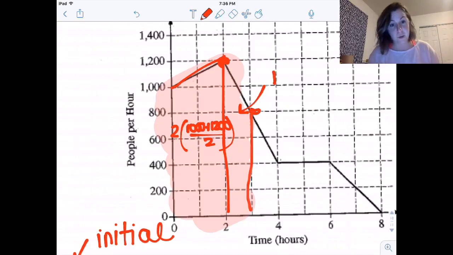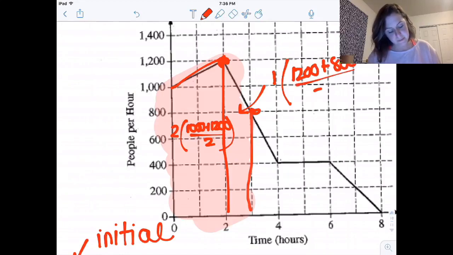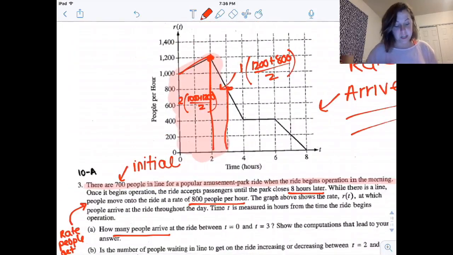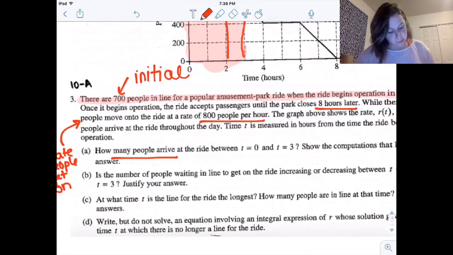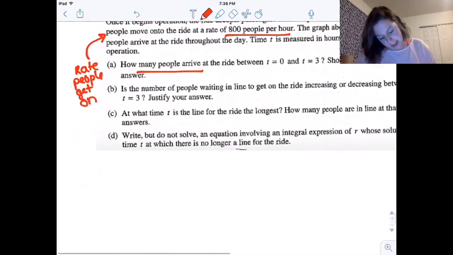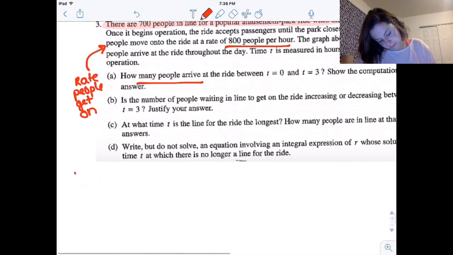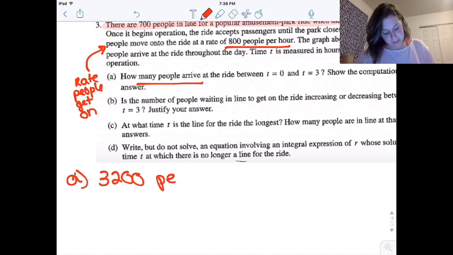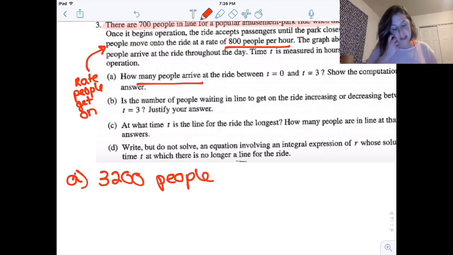So 1 times 1,200 plus 800 over 2 is the area of that trapezoid. And so my total area there for part A is 3,200 people. And again, it says show the work that leads to your answer, so I would want to show that work that I did up there.